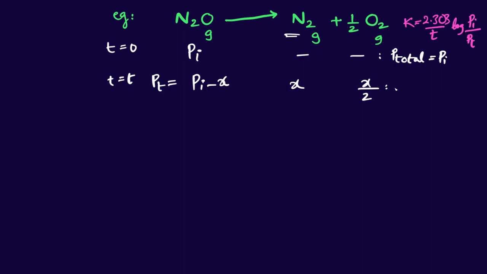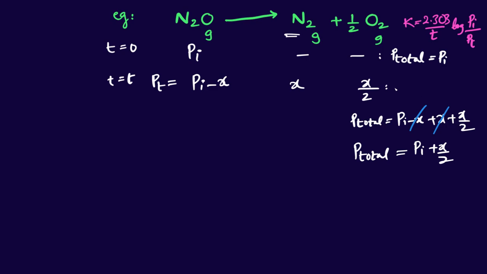Now pressure total is equal to Pi minus x plus x plus x by 2. Now this minus x plus x cancel, then you will get here P total is equal to Pi plus x by 2.